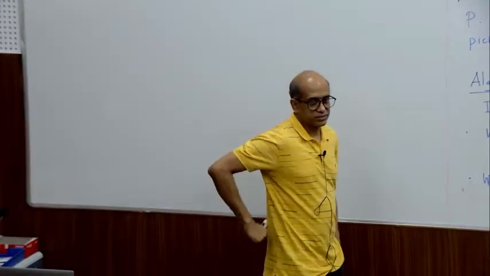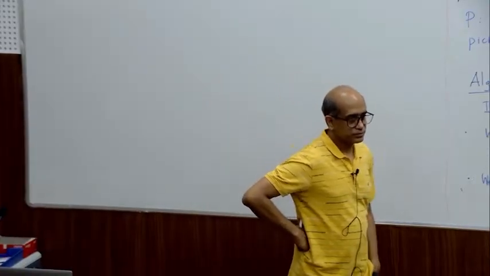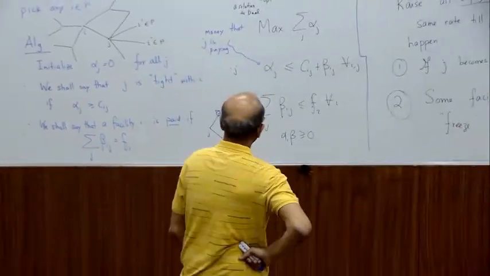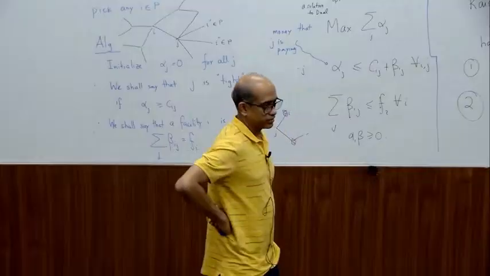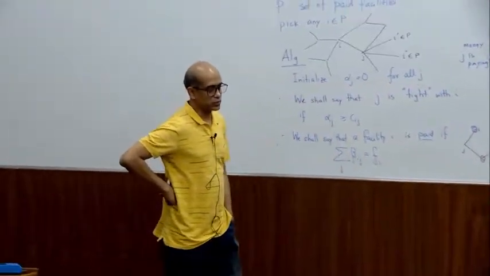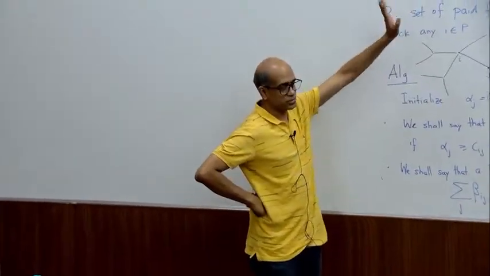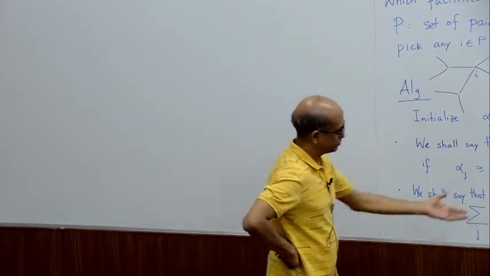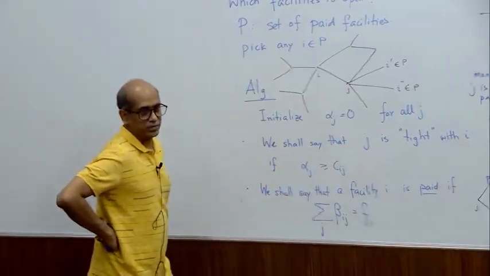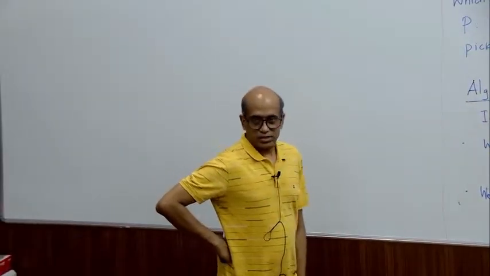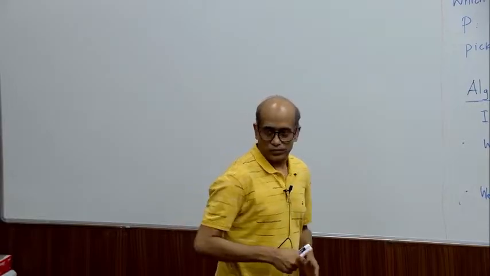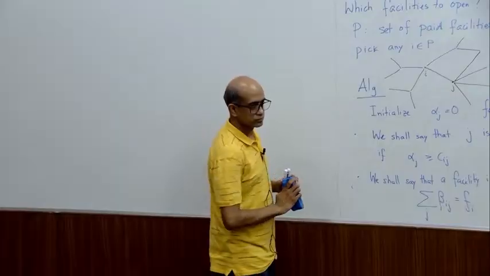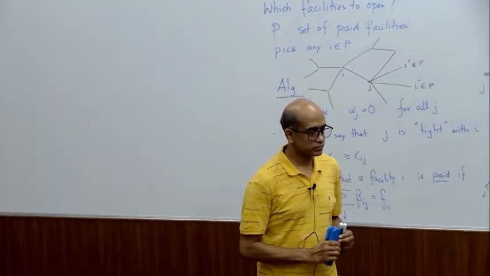And repeat this. What if there's a J prime who's tied with I prime? I don't care, it won't matter. I don't say pick the cheapest I in P or something. It won't matter, because eventually I'll be charging the alpha J's and they are paying for it. So we'll see. So all paid facilities that are two hops away are removed.